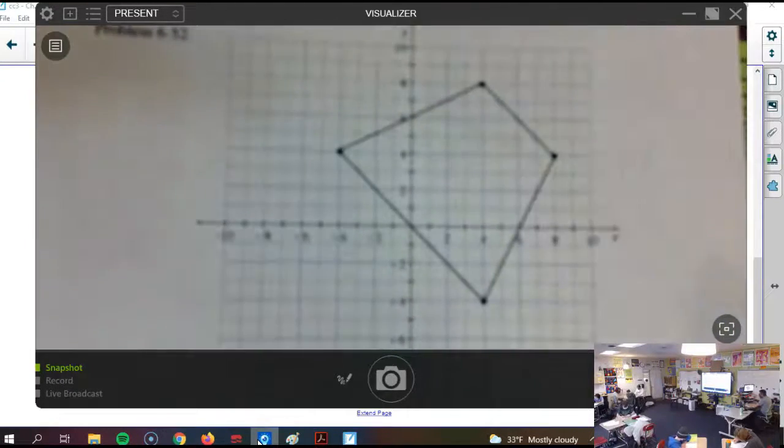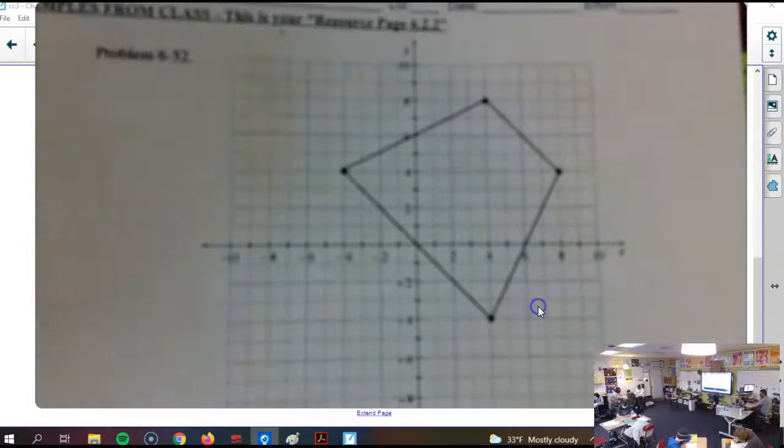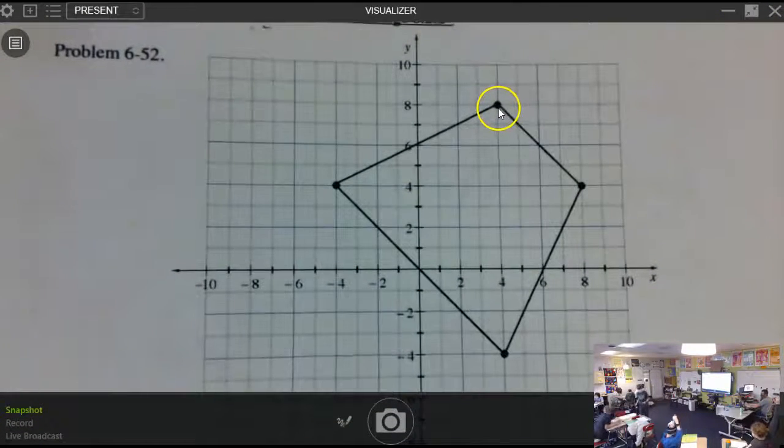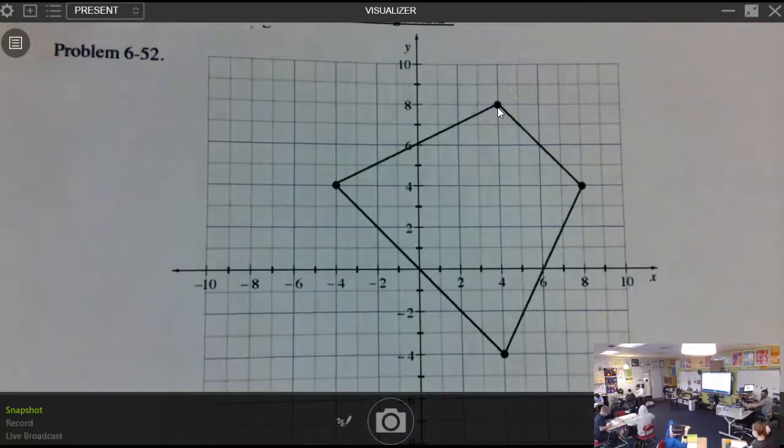So, can anyone tell me what you think is the center of dilation here? The center, if you multiplied each coordinate, x and y, by 4, where was our center? Lily?